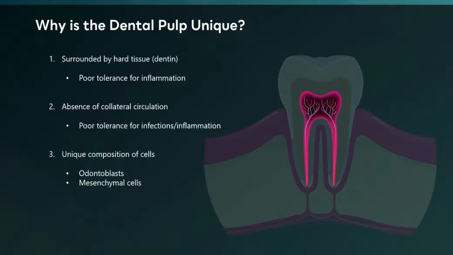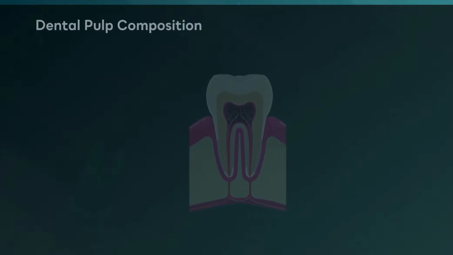When these things happen, these mesenchymal stem cells differentiate into cells that form other types of dentin. Now, there are actually a lot more cell types contained within the pulp, so we're now going to expand on point number 3 a bit more.